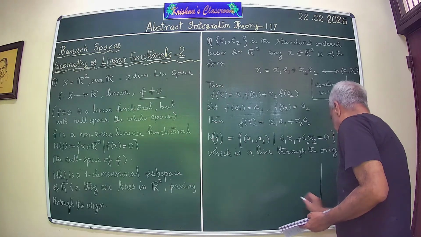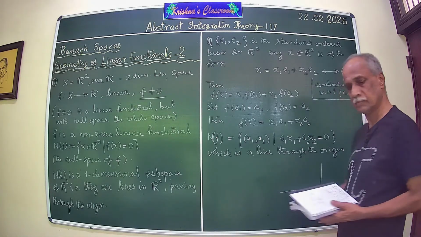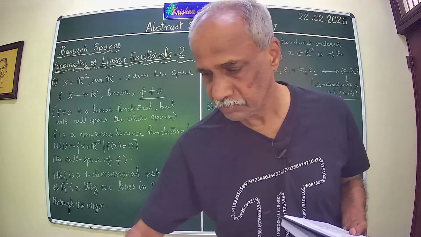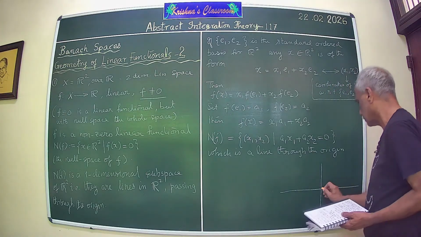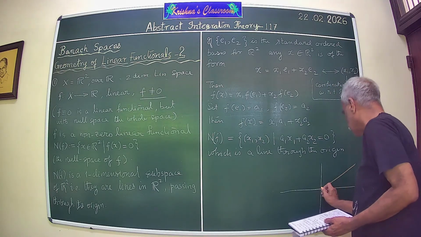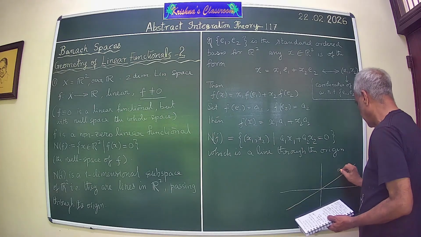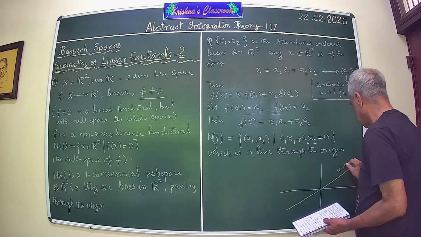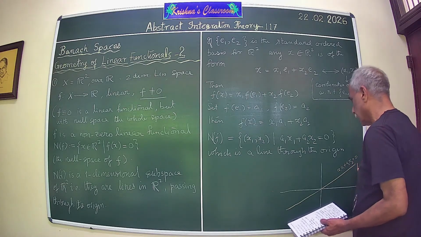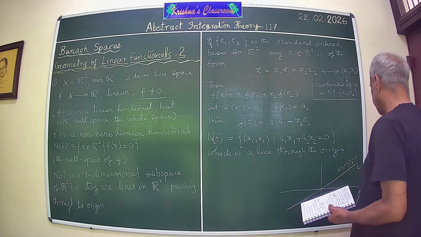So this is the scenario that you have, some line through the origin, a1 x1 plus a2 x2 equal to 0. Let us designate this by L.